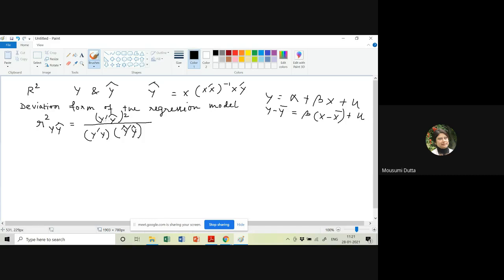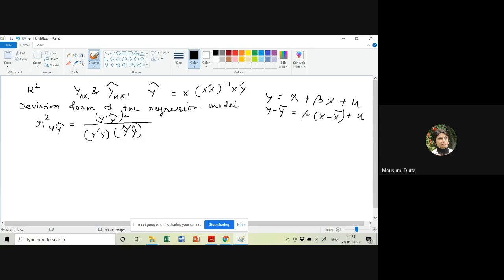So I'm considering the relation between y and y hat. All y and y hat are of order n cross 1.